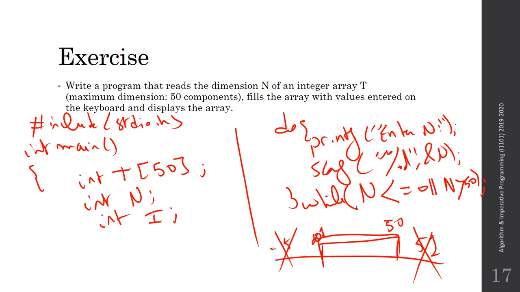Obviously I cannot use and, because a number n cannot be at the same time less than 0 and greater than 50. So if we enter a number n which is less or equal to 0, I should repeat. Or if I enter a number greater than 50, again I should repeat the scanning of n. Now n is in between 1 and 50, so I can now read at maximum 50 elements.